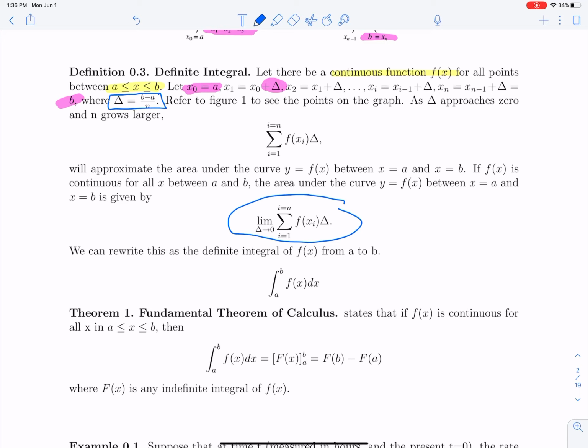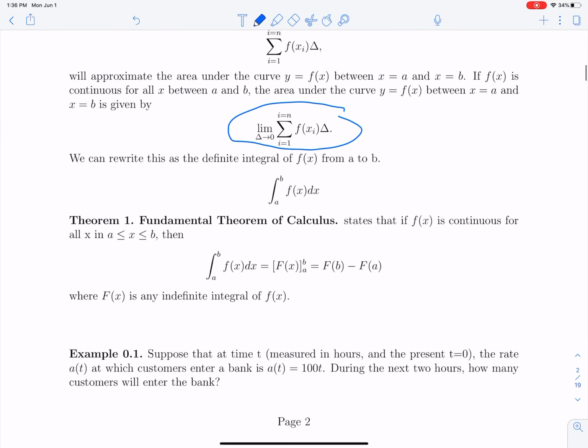The curve is going to be different at each point. And then we multiply it by delta because that gives us that fair stepping rate for each rectangle. And then we will finish with our actual definite integral definition. So basically, this is the same thing as the summation, just represented differently.